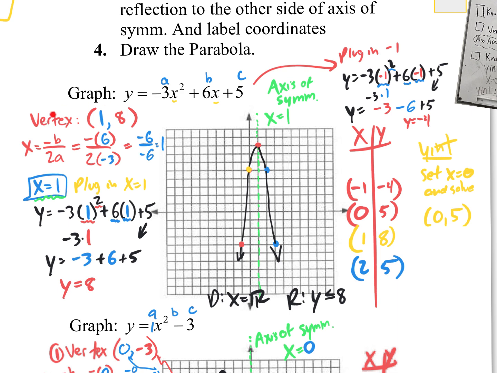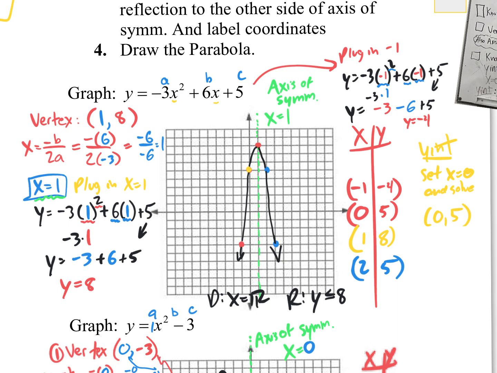You want to be able to state the vertex. You want to be able to state the axis of symmetry. You want to be able to state the y-intercept. You want to be able to use the pattern if possible. If your A value is 1, you could use a pattern 1, 1, 2, 4, 3, 9 from the vertex. You want to know that the A value, if it's positive, it's opening up. If it's negative, it's opening down. You want to be able to use an input-output table. You want to also be able to state the domain and range.